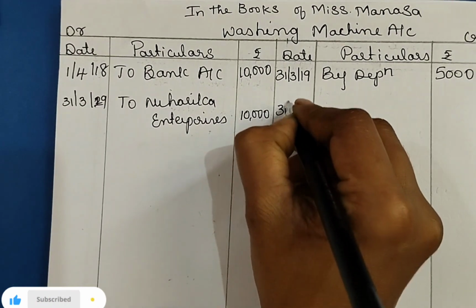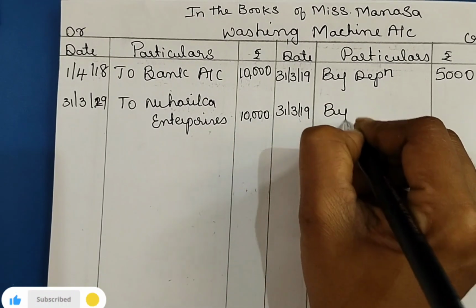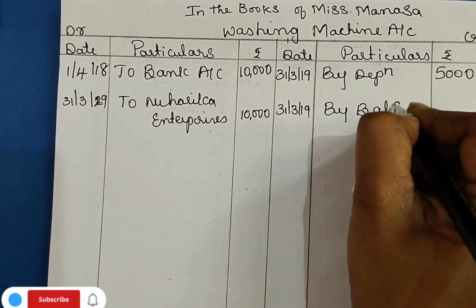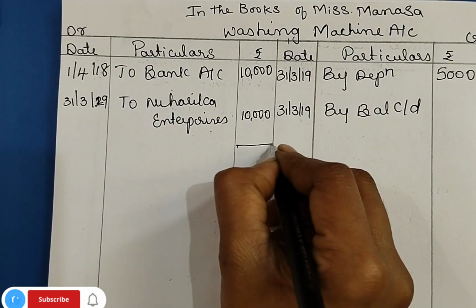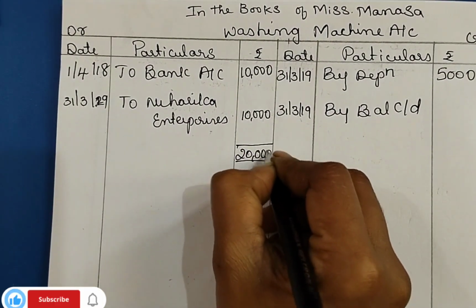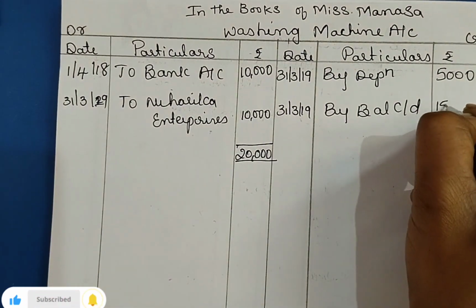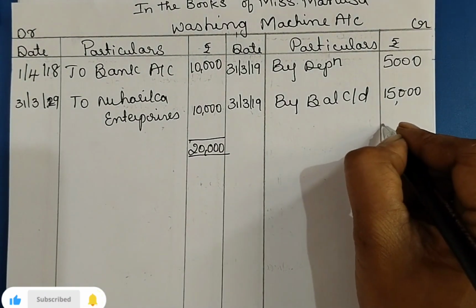On 31st March 2019, by balance carry down. The total is 20,000. Here 5,000, so the balancing figure is 15,000.